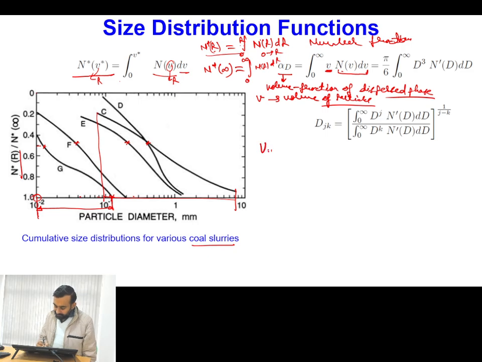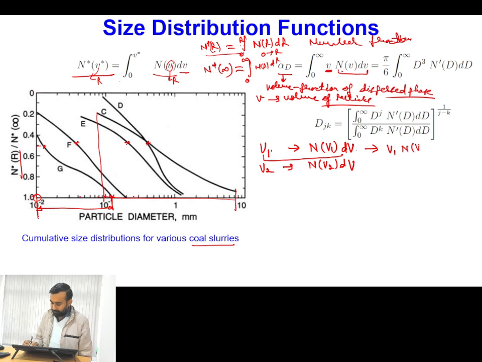Let's say V1 is the volume of a particle, then the corresponding size distribution function will be N(V1) dV. If V2 is the volume of a particle, the corresponding distribution function is N(V2) dV. Now, what will be the overall volume of these particles?